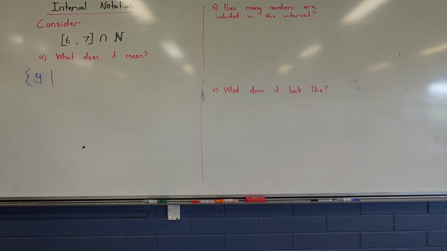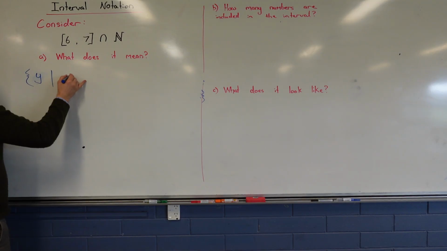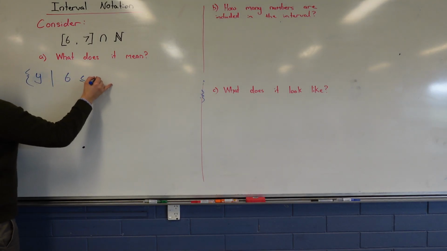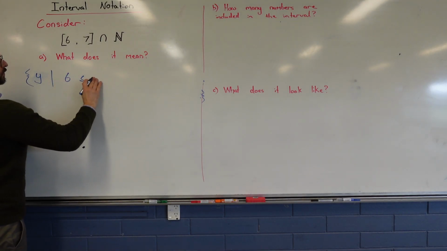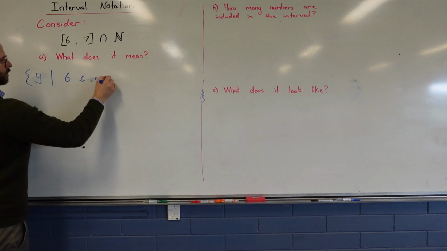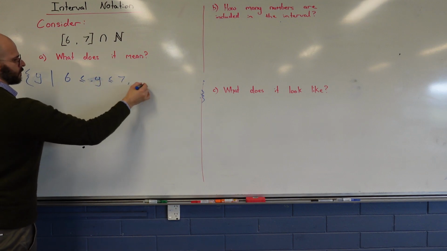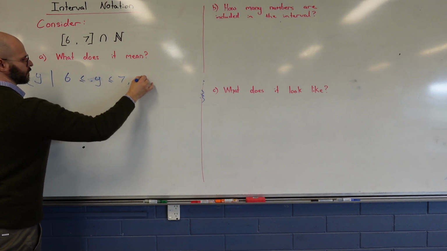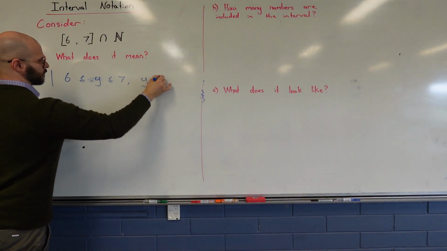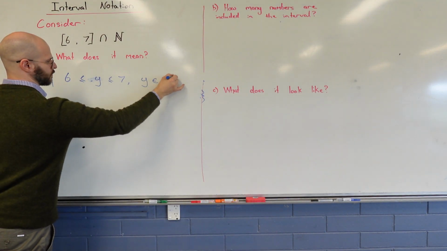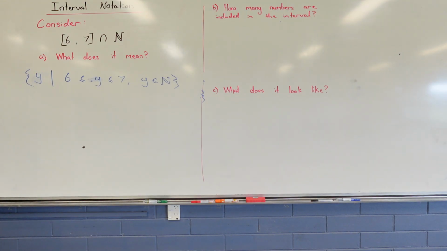The only natural numbers in between are 6 and 7. It can only be 6 and 7. Have I written that correctly?